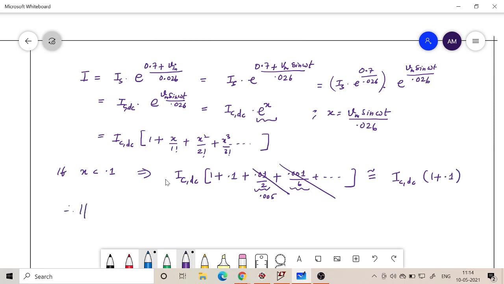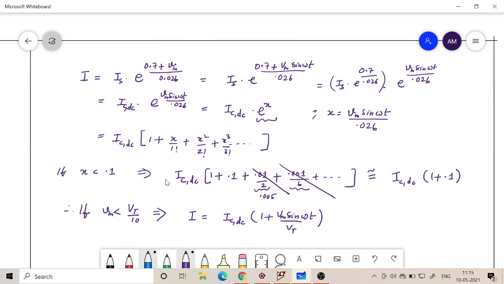Therefore, if Vm is less than Vt by 10, then I can write my current I as ICDC into 1 plus Vm sin omega t by Vt.